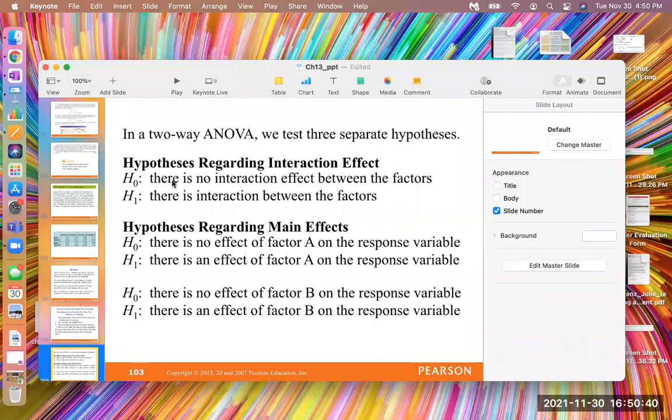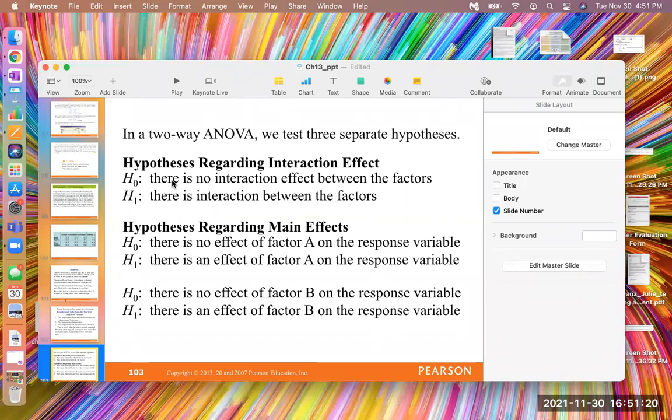But if we fail to reject the null hypothesis and we think that there is no interaction between those two factors, then we would continue on and look at the main effects of factor A and factor B. So we're going to have a p-value for factor A, and if the p-value is low, then we reject the claim that there's no effect of factor A on the response variable, and we'll say there is an effect of factor A. Increasing A either makes the response variable go up or go down. Or we'll just know there is an effect.